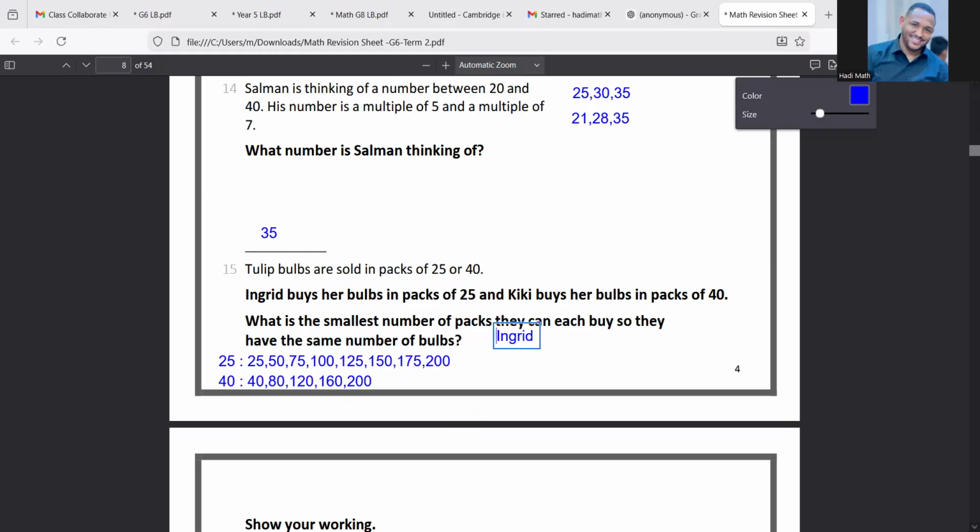We'll say 8 packs for Ingrid. And how many for this one? 5 packs for Kiki. That's it. They ask what is the smallest number of bags they can each buy so they have the same number of bulbs: 8 packs for Ingrid and 5 packs for Kiki.